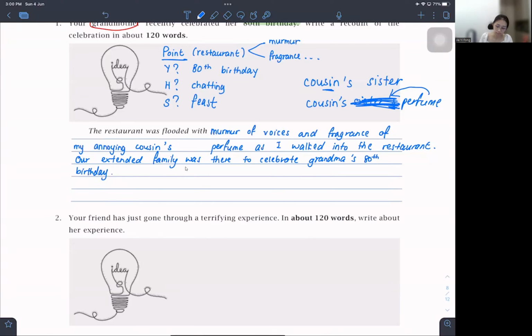Full stop. Everyone was busy catching up with each other, while waiting for the feasting to start.